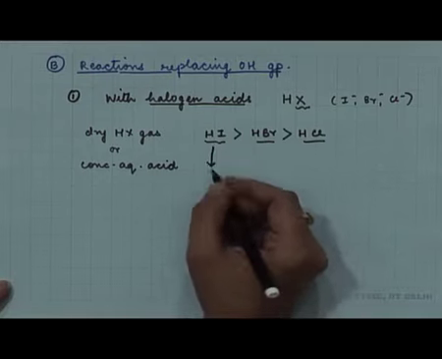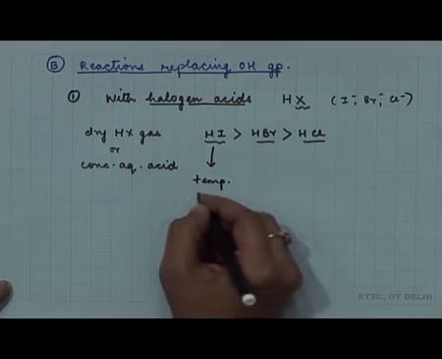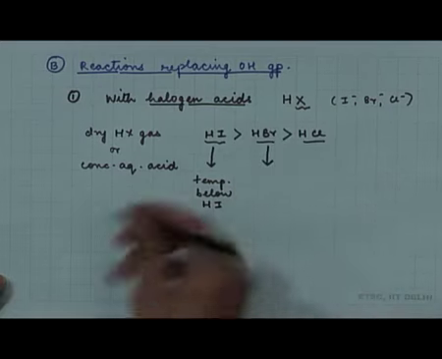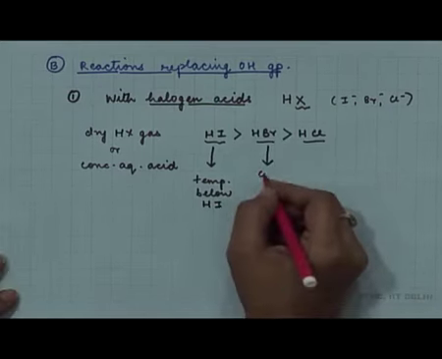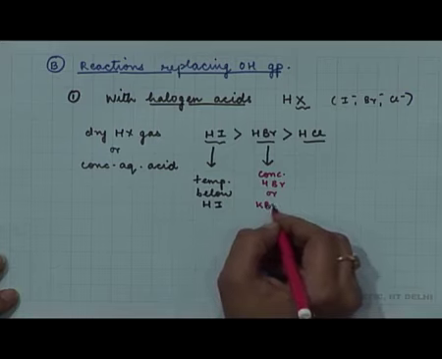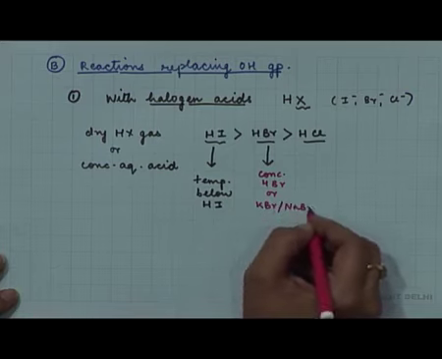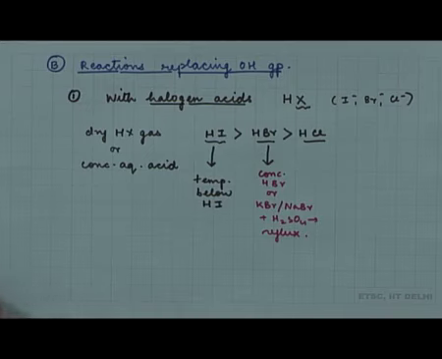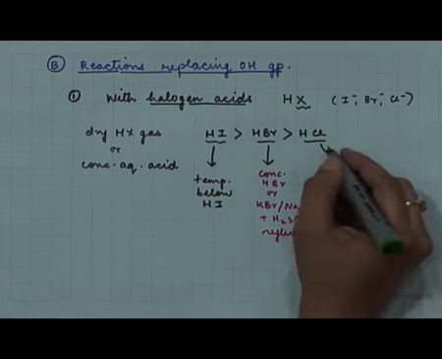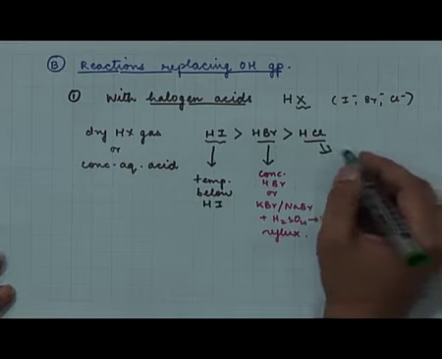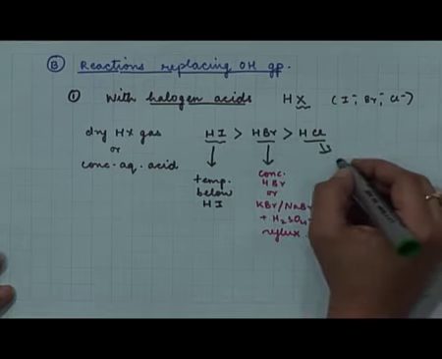For example, if we use HI, we generally keep the temperature below 100 degree centigrade. So it is a much milder substitution. If you use HBr, you can use either concentrated HBr, or you can also have in situ generation of HBr by using a salt like potassium bromide or sodium bromide and treat it with concentrated sulfuric acid. So when we reflux it, these are the conditions when we use HBr as the reagent. If we use HCl, chloride is a weaker nucleophile, okay, and it will not react the way the iodides and bromide do.